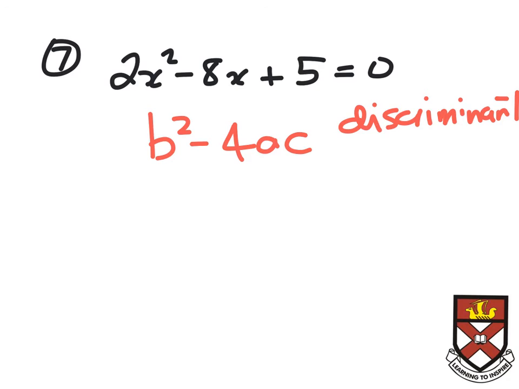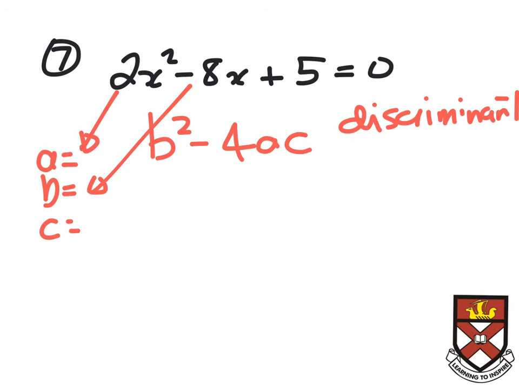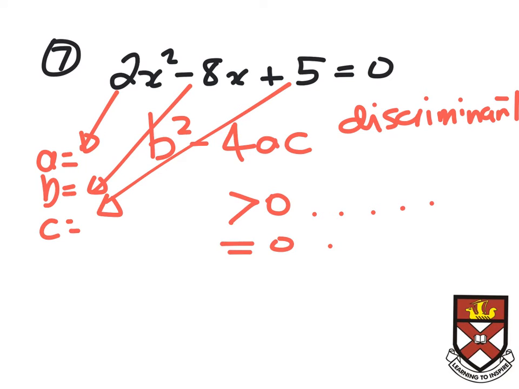Okay, so we're going to take our a, b and c again, and we're going to plug them into the formula. And remember, if it's bigger than 0, there are. If it's equal to 0, there are. And if it's less than 0, there are. Okay, so these conclusions here you'll get from your classwork jotter.